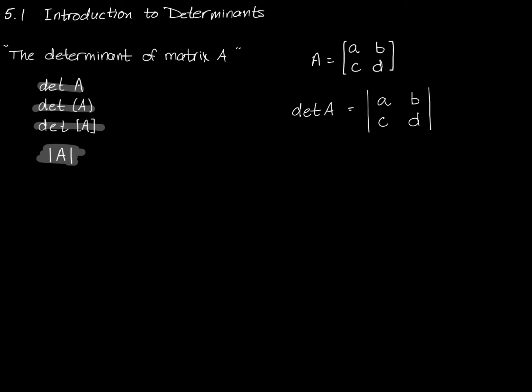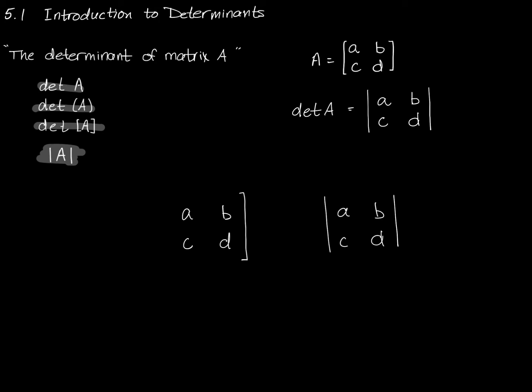So we have to be careful now with our notation. This entity here, the matrix with the components a, b, c, and d, is not the same as this entity here, although the notation looks very, very similar.